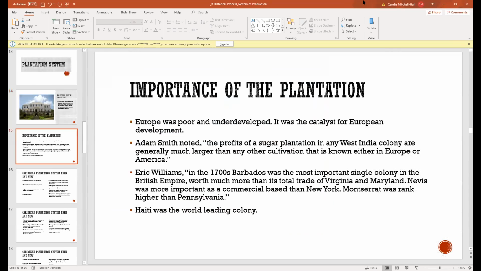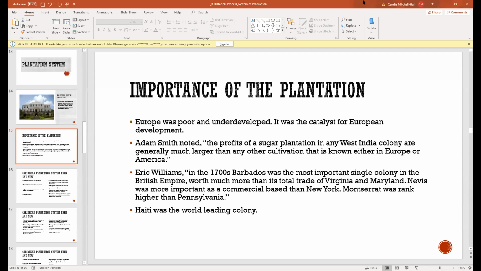Now, the importance of the plantation. The plantation was very, very important to Europe at that time.